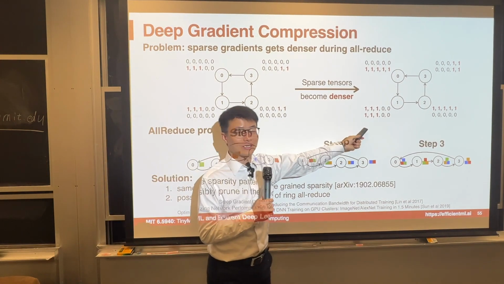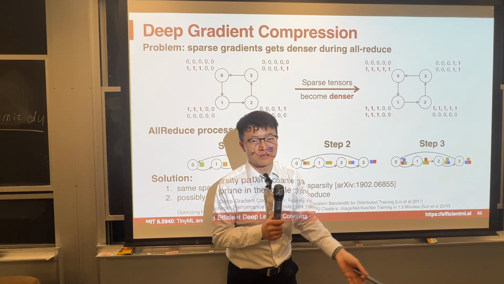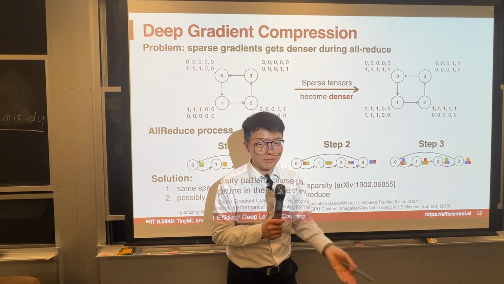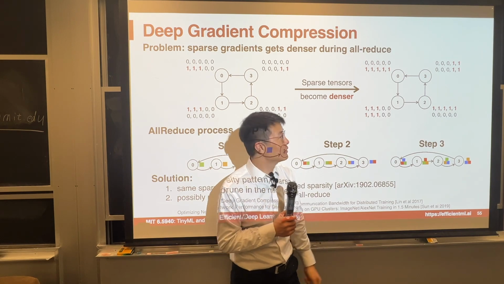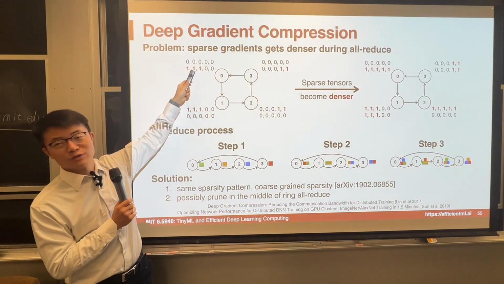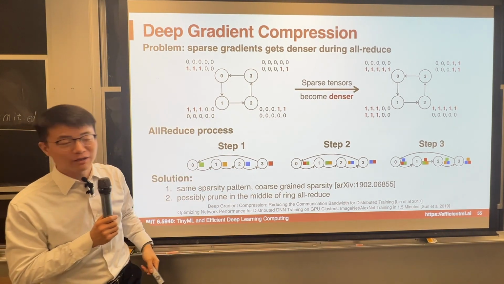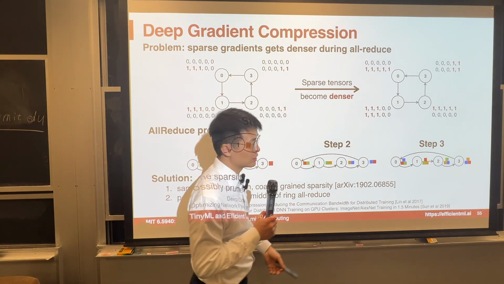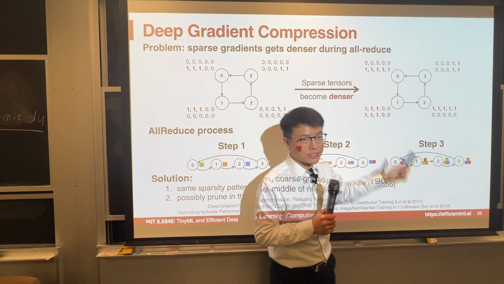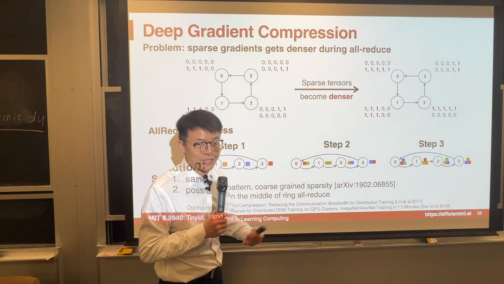Now it's getting denser because it's taking the information from its neighbor, and the neighbor's sparsity pattern is complementary, not the same. If they had the same sparsity pattern, after they communicated and added up, they would still have the same sparsity pattern. But now the sparsity is destroyed. The more steps you go, the denser you will get.